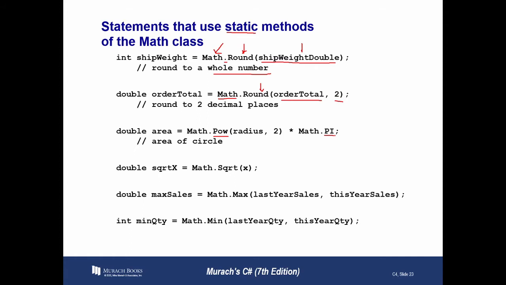It's really interesting because you can call a method from the Math library, but you can also call predefined variables. Here's another one with square root. There's the maximum and there's the minimum.